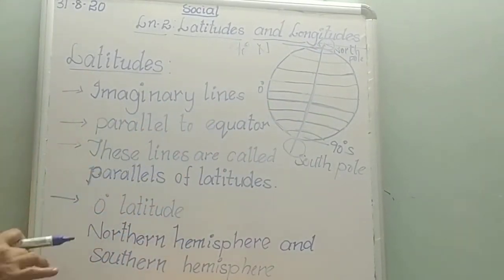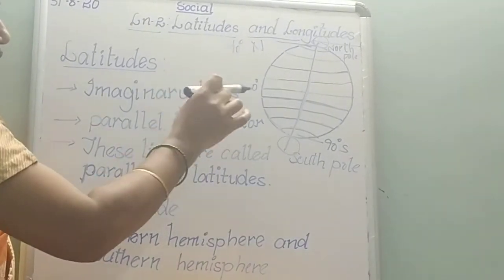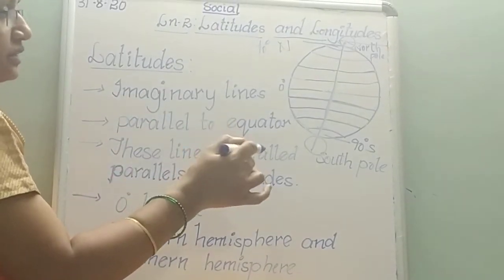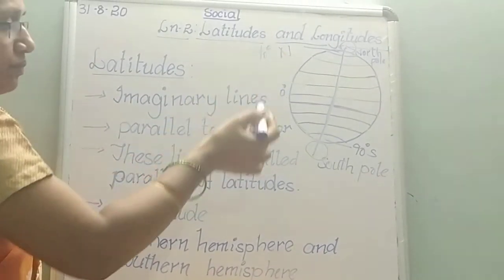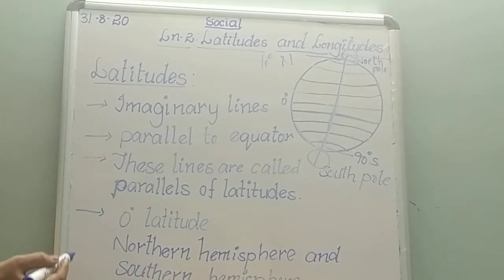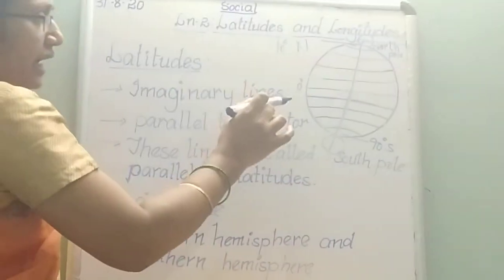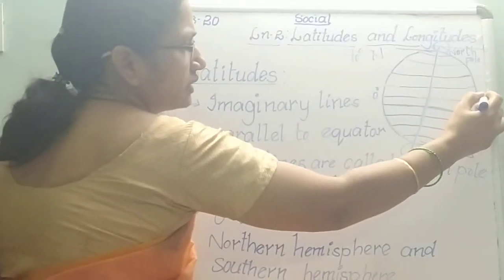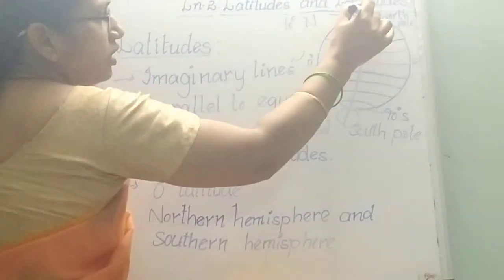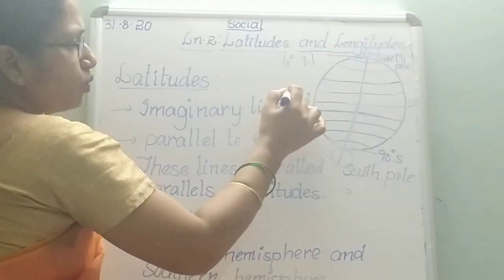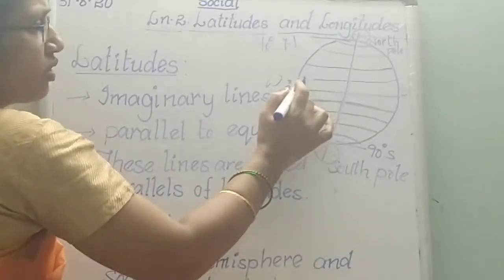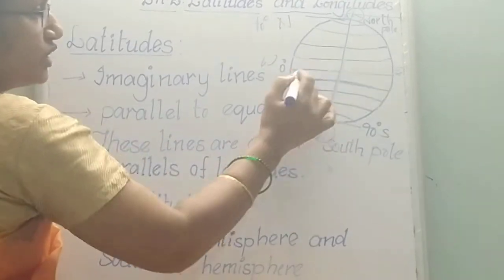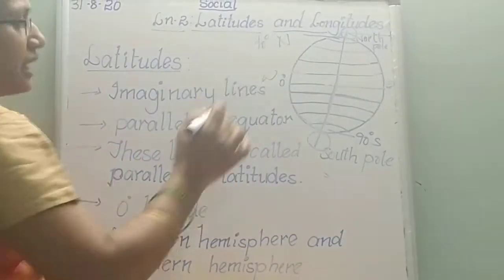Okay, children? So all the lines which are running, either from east to west or from north to south, are imaginary lines. The lines which run from east to west are called latitudes.